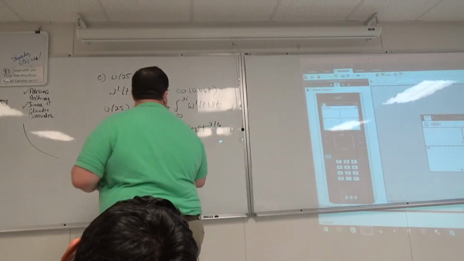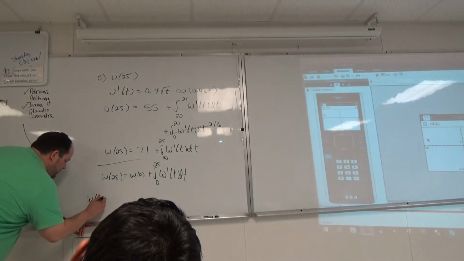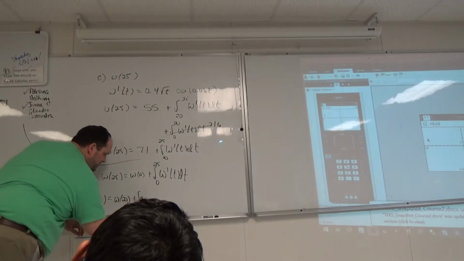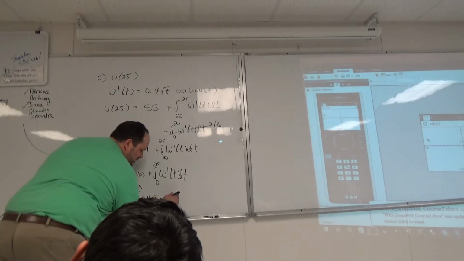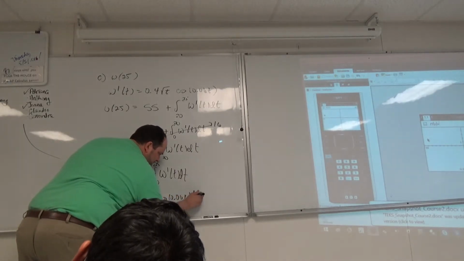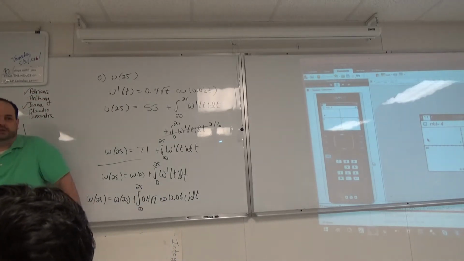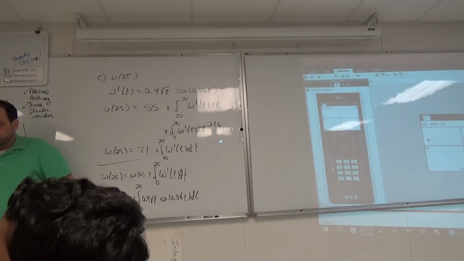Now, strange thing, oh God, it was so bad. The number of students that tried this, they said, okay, the integral of 0.4 square root of t cosine 0.06 t dt. Oh my God, the number of teenagers who actually tried to find the antiderivative.